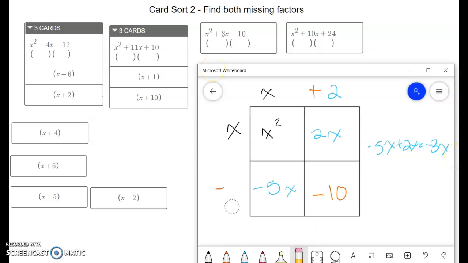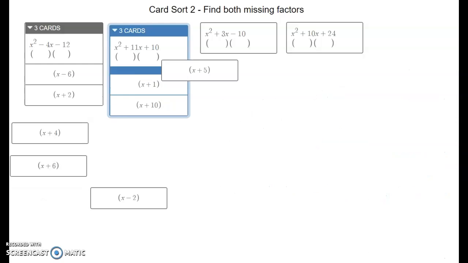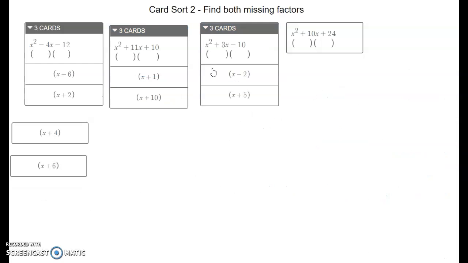So let's flip them around. Let's try a negative 2 and a positive 5 and see what we get. So 5 and negative 2. Now I have 5x minus 2x, that gives me my positive 3x. So I definitely know for sure that these two go together.